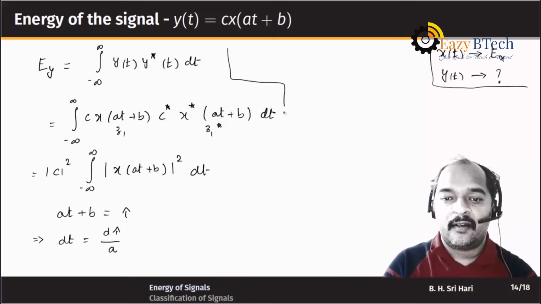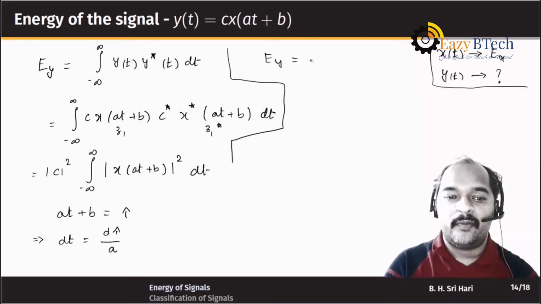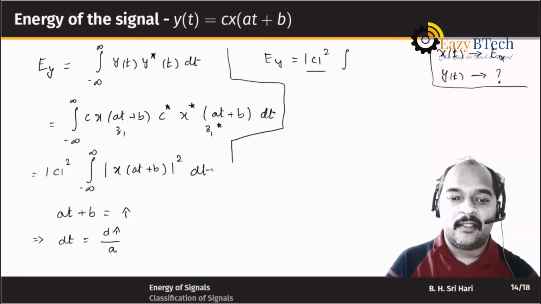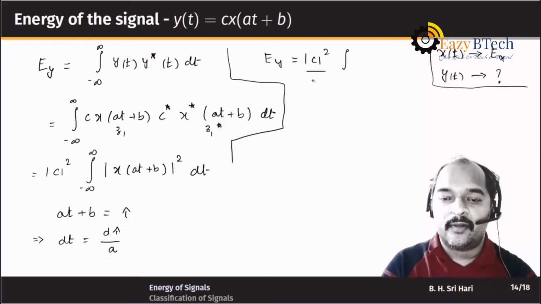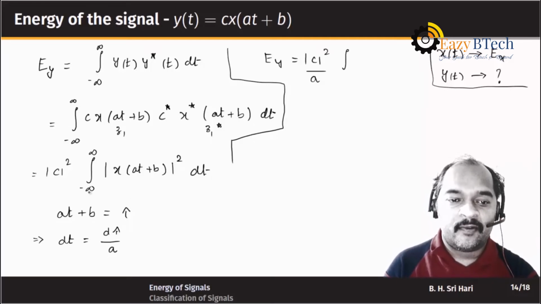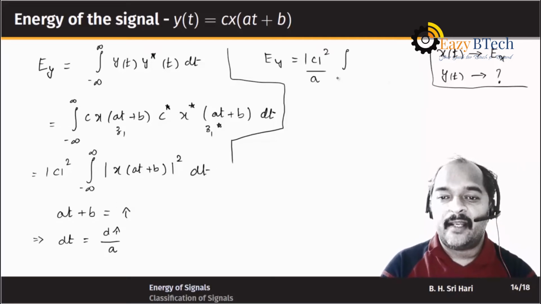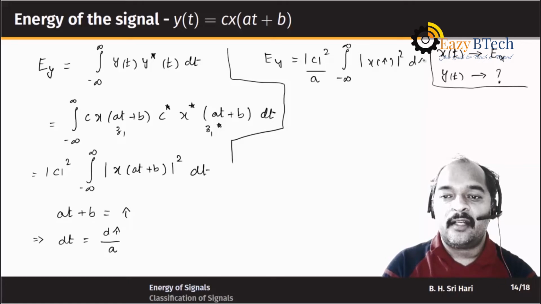We get Ey to be equal to modulus of c whole square. That dt is replaced with d tau by a, and hence you'll get 1 by a. So if t varies from minus infinity to infinity, tau also will vary from minus infinity to plus infinity. So you get modulus of x of tau whole square d tau.